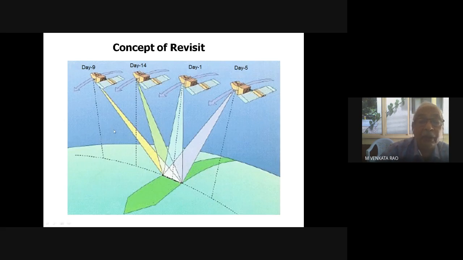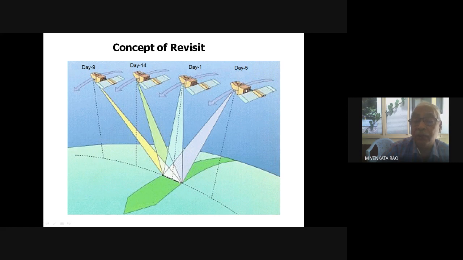That is repetitivity. In case of revisit, suppose this is day one. Today the satellite has passed and imaged this area. After another 5 days, it will come very close to this, maybe separated by around 500 kilometers, let us say.